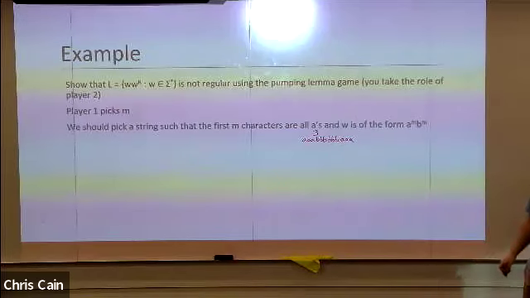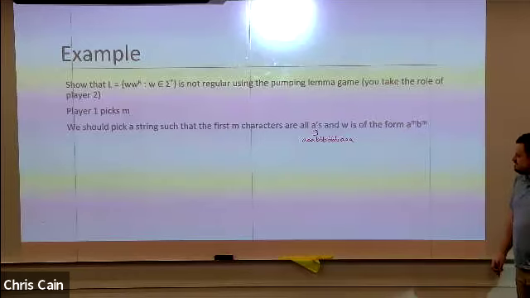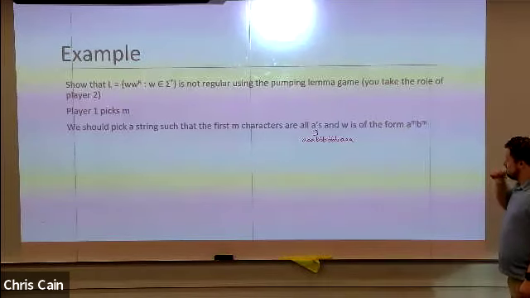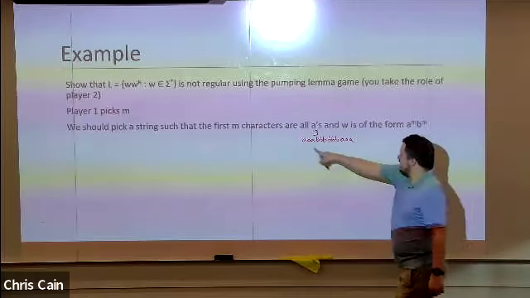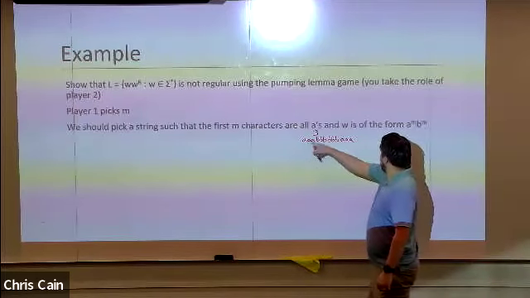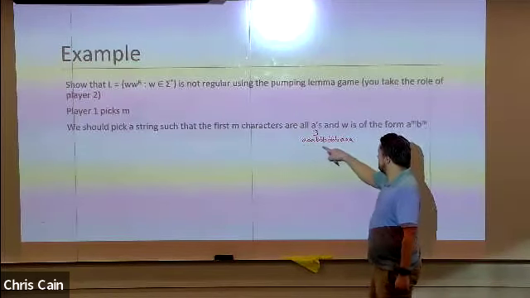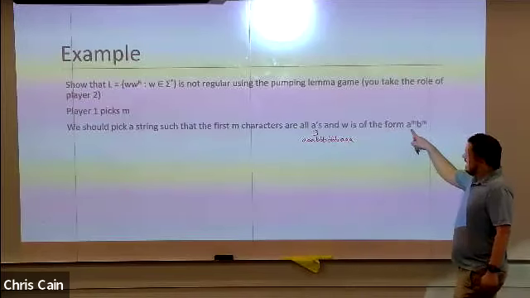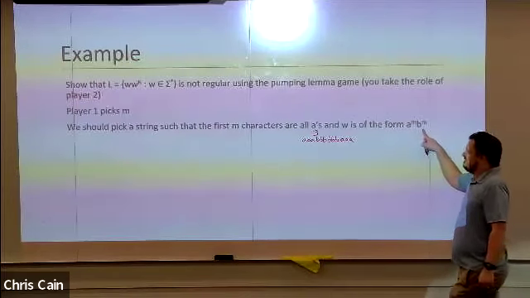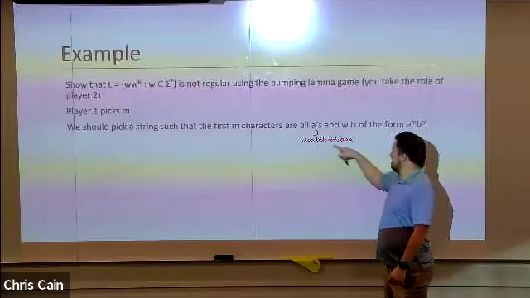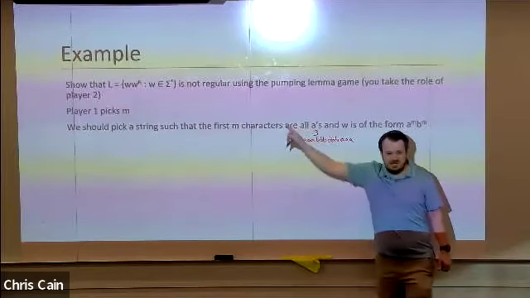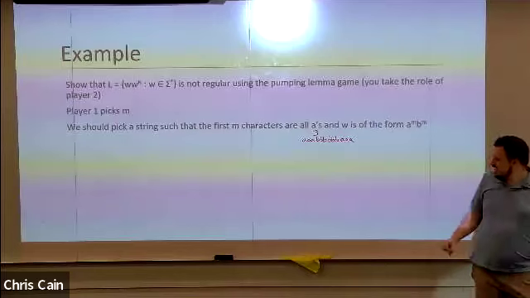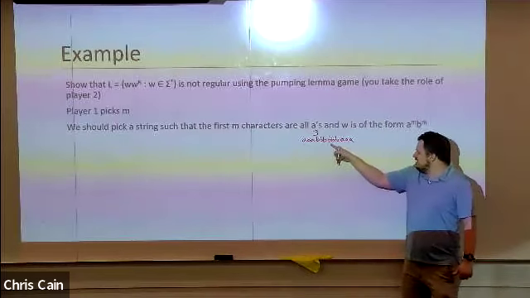So here is an excellent string idea for player 2. The first M characters are all A's. W, the first half of this string, is of the form A to the M, B to the M. And the entire string is a palindrome of that form, where we have W, W^R.